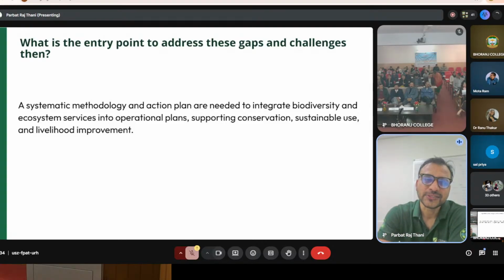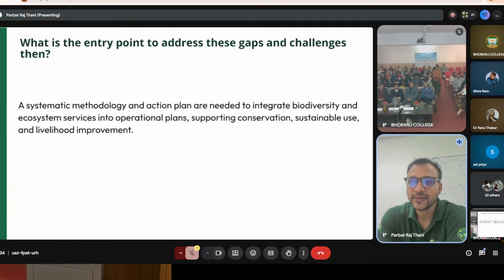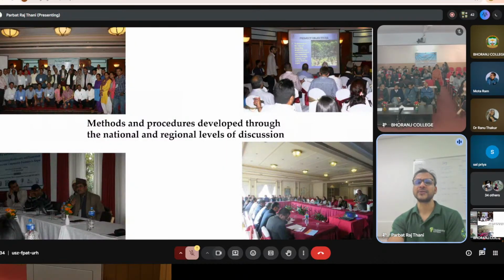We realized that a systematic methodology and action plan should be introduced into the operational plan so that people will apply it in their own community forests to maintain biodiversity, ecosystem services, and their sustainable development for their own livelihood benefits.